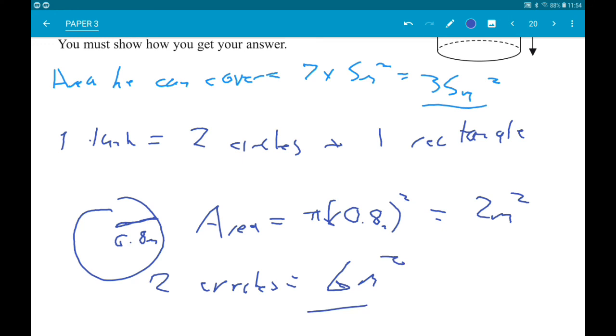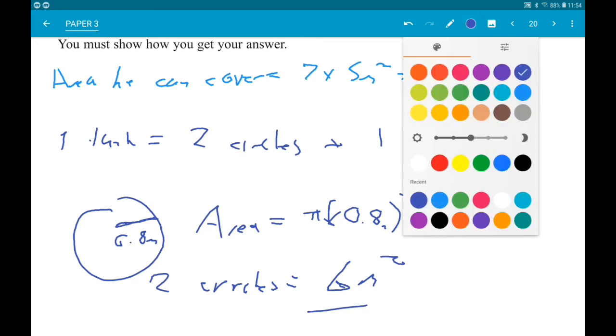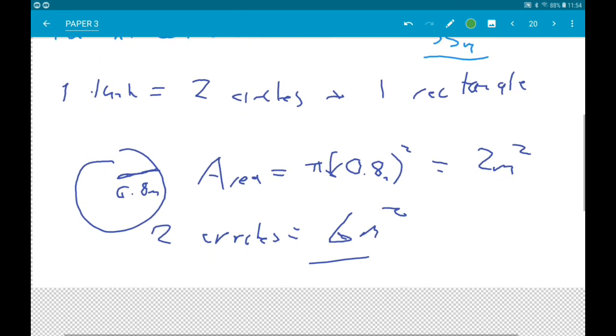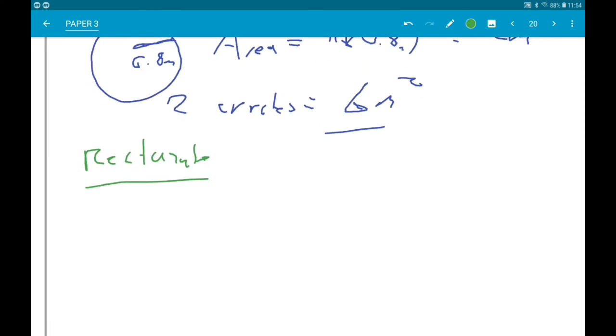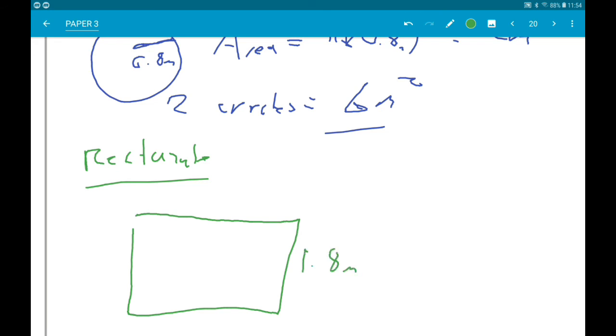So now we need to do the rectangle. So we know the cylinder has a height of 1.8. Now the other length of the rectangle is the circumference of the circle.